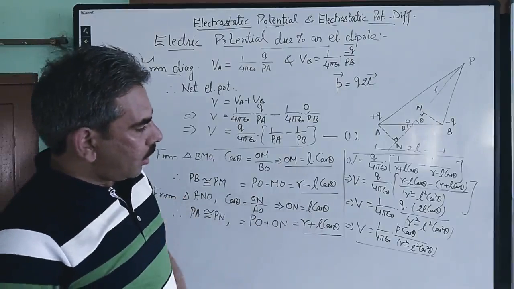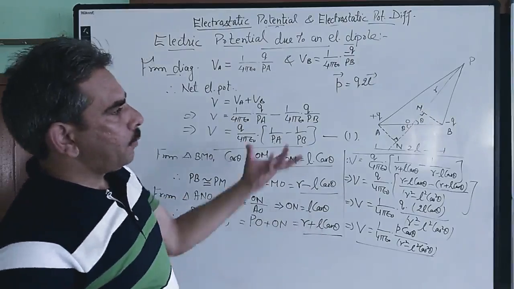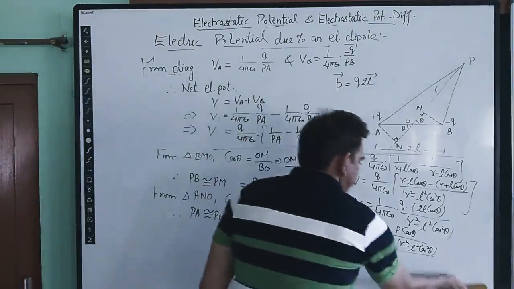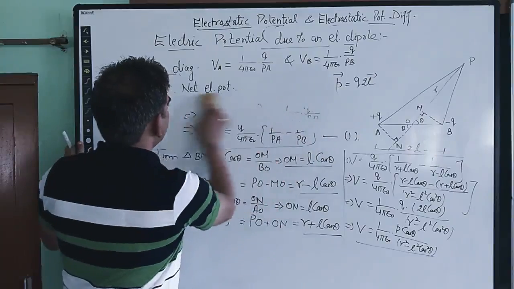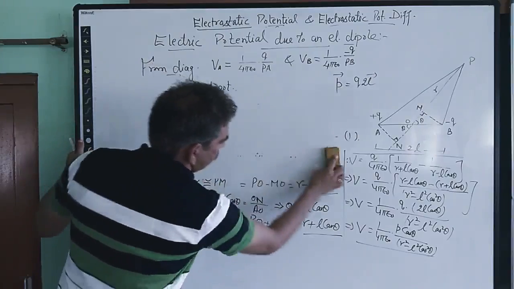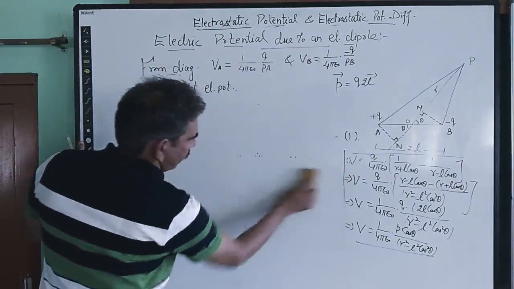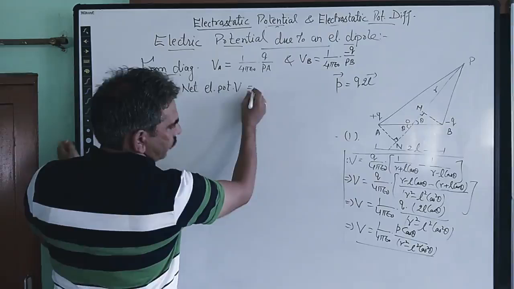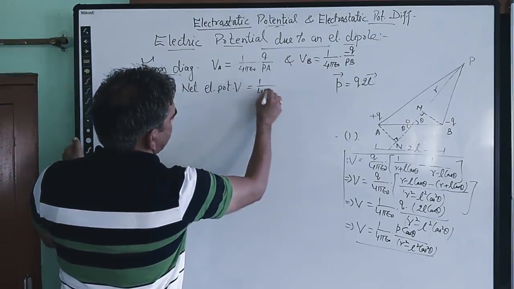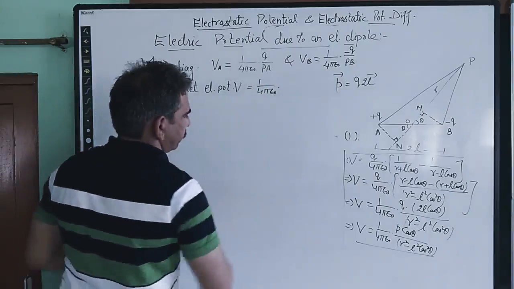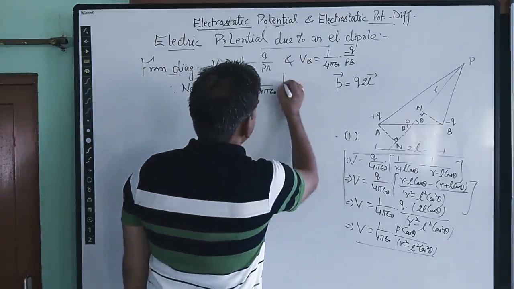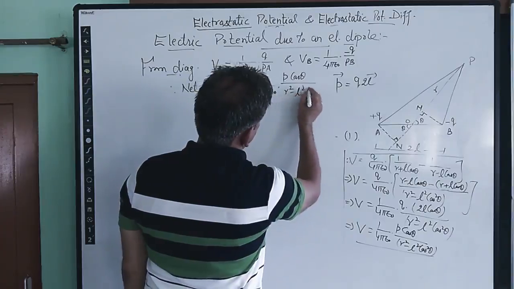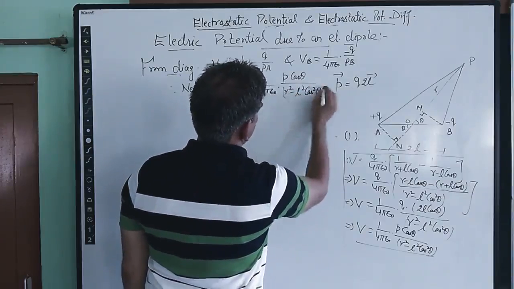Now we can take the special cases when point P is on the axial line or on the equatorial line. The net potential we have found is V equal to 1 upon 4 pi epsilon naught into P cos theta upon R square minus L square cos square theta.